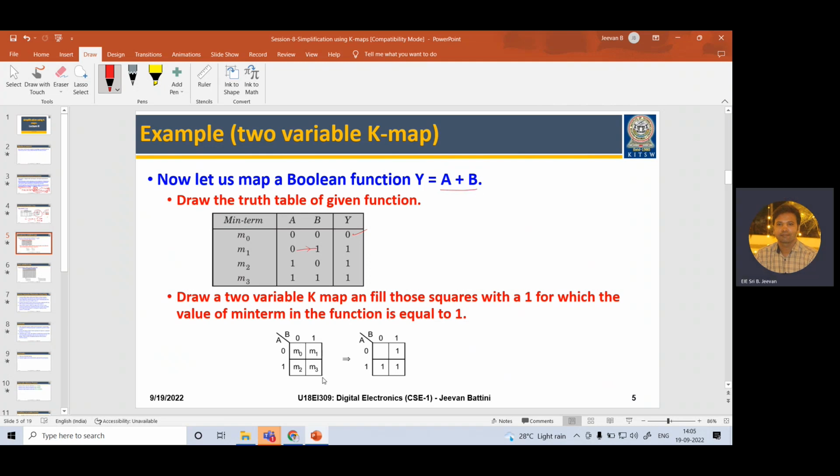For the 4-cell K-map, because 2 power 2 requires 4. For which combinations of the input is the output 1? 0 1, 1 0, and 1 1. So 3 ones are there in the output column. We represent those in the K-map. This is how we represent a function in a K-map.